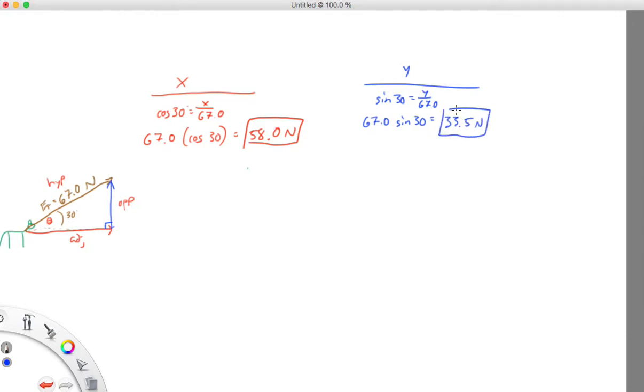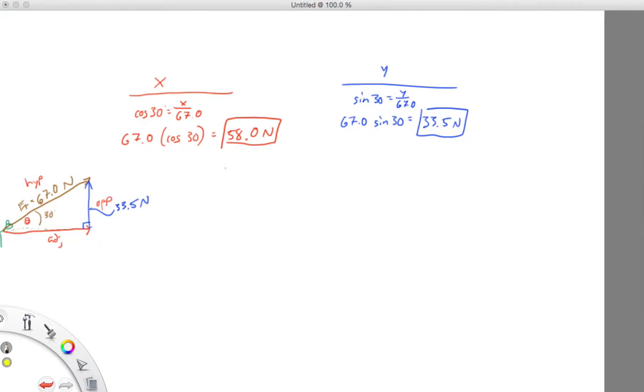This is your y component. So this right here is 33.5 newtons, and this over here is 58.0 newtons. The blue arrow is this, and the red arrow is this. Great. That should be easy. It's just building up to number 2.